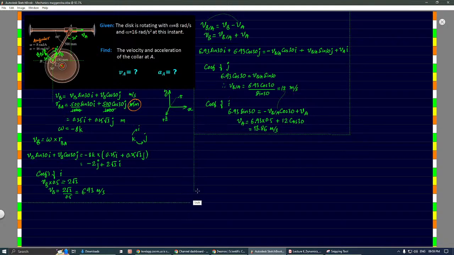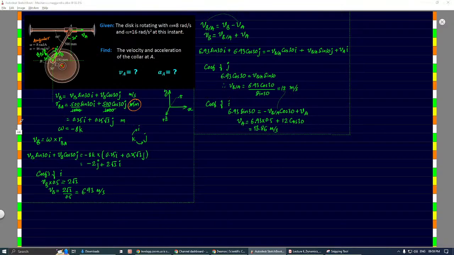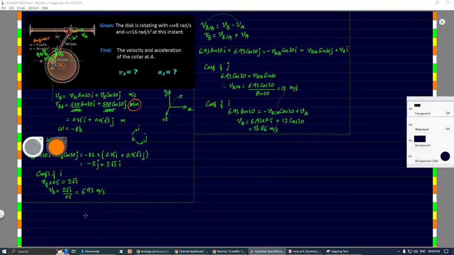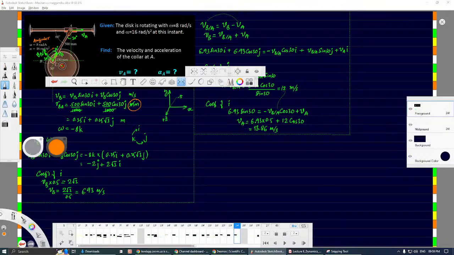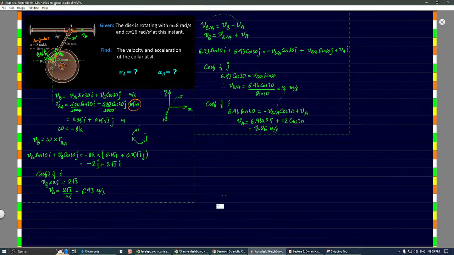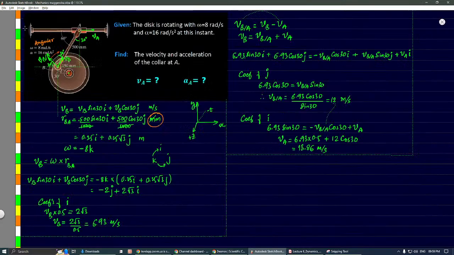Lock this away. Use a different color for acceleration. Okay, we use a red color. Now with red color, whatever I mark, it will become acceleration.